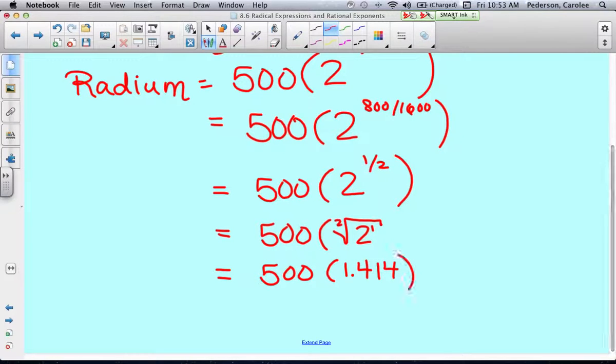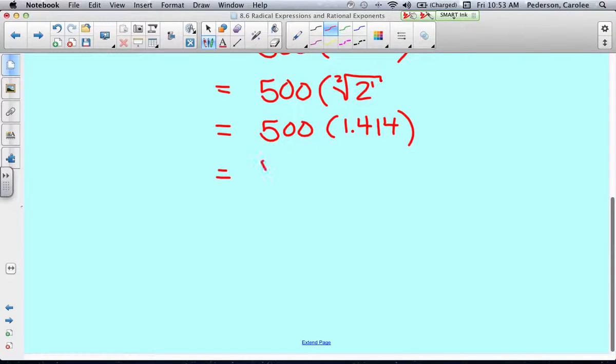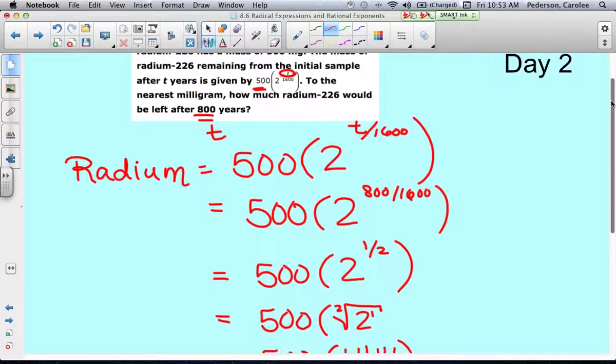And then you just multiply those together. So 1.414 times 500 is 707 approximately in the units of milligrams.